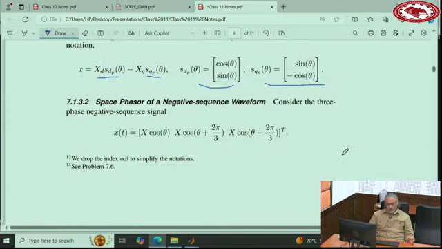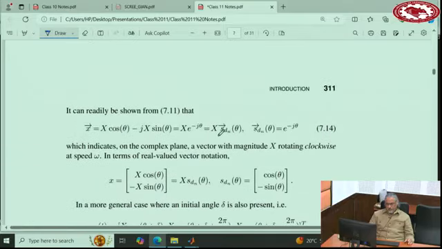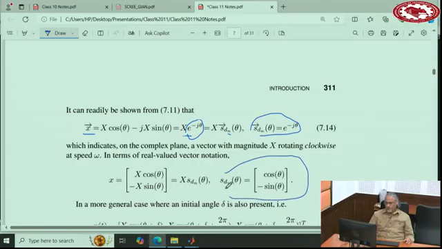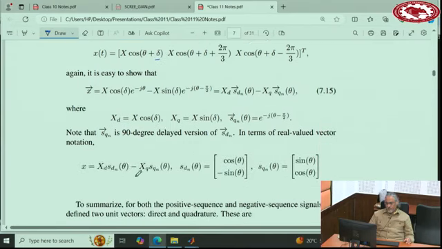For a negative sequence, you can also derive. If you have a negative sequence waveform, and then you calculate its space phasor, that gives you this one, which is now negative theta. And I'm going to call this SDN, direct negative, right? And in terms of real vector will be this. And if it has a phase shift, it will have two components, SDN and SQN, and SQN again has 90 degrees phase shift with respect to SDN.